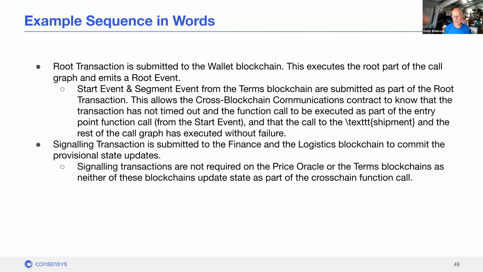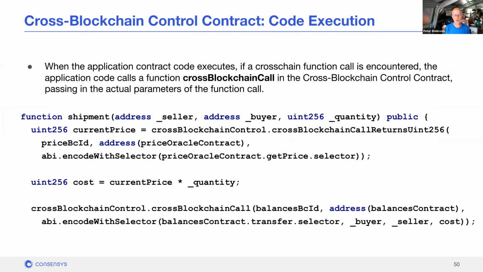So when you're executing the code and doing a cross-blockchain call, you need to call back to the cross-blockchain control contract. So it's got a list of the call graph, and so it knows what functions should be called with what parameters, because it can just look at the call graph and it knows where the executing function sits. So it compares what's called with what should be called.